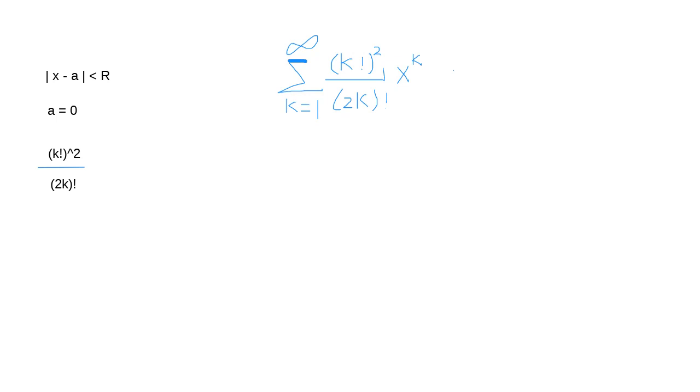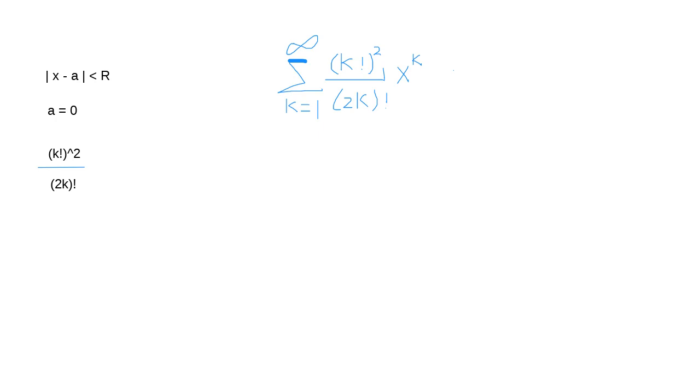So what do we have? 2 times 2 is 4 factorial. And 4 factorial is 4 times 3 times 2 times 1, 24, and the numerator is 4, so that's 1 over 6. So 1 over 6 x squared. Then plus 3, and 3 probably much bigger. So I have 3 factorial square over 2 times 3 factorial.